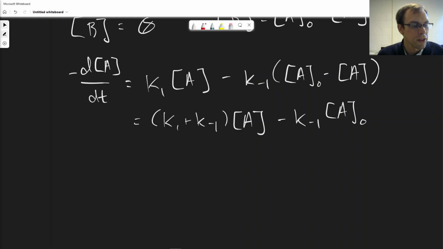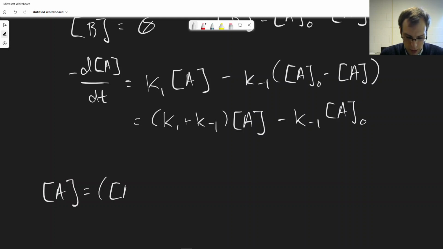If we integrate this rate law, we can get the integrated form. We won't go through the details of doing this integral, but the final answer you get is that the concentration of A is equal to concentration of A naught minus concentration of A at equilibrium.